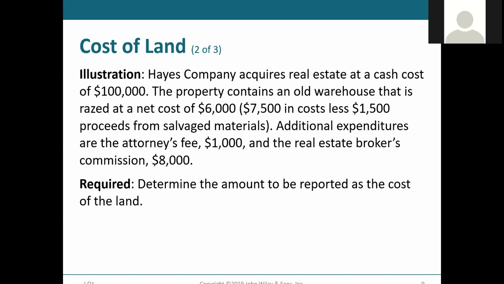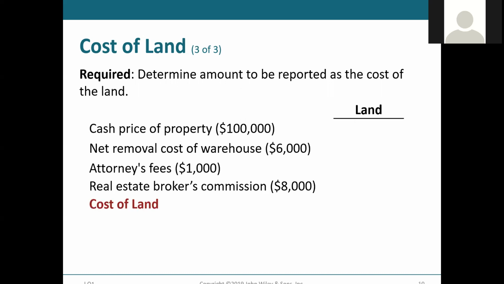So you're going to have to take that 100,000 plus the 6, plus the 1, plus the 8, and the cost of that land has become $115,000. So the cost of any fixed asset will also include the other costs related to getting the asset into service. Land is a good example because there's automatically a whole bunch of them.